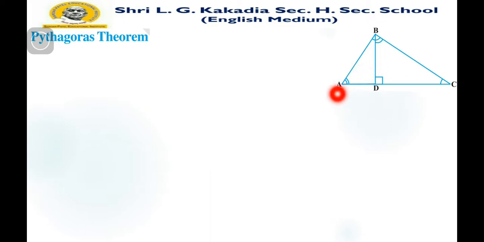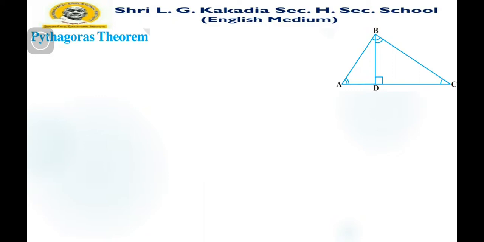So we can say that ADB is similar to ABC, BDC is similar to ABC, and both the divided triangles ADB and BDC are similar.